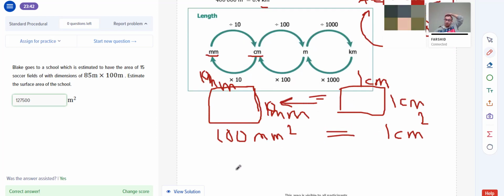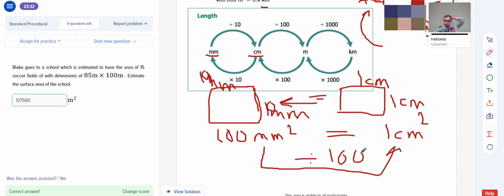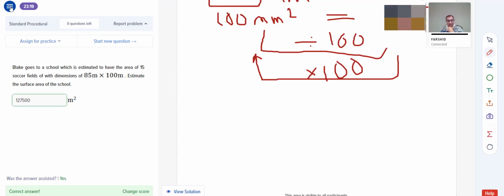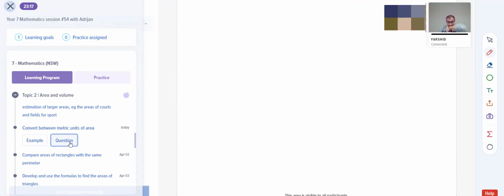So if you want to convert from square millimeter to square centimeter, of course you divide it by 100. If you want to convert from square centimeter to square millimeter, of course you multiply by 100, isn't it? Yeah. And I will leave some questions with you.